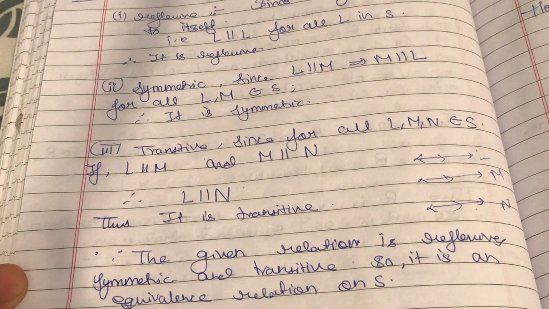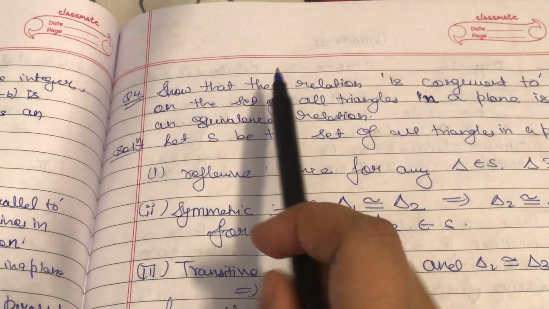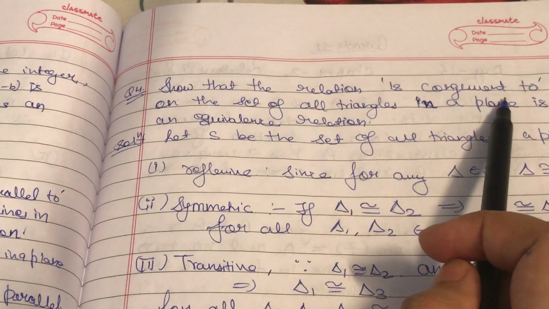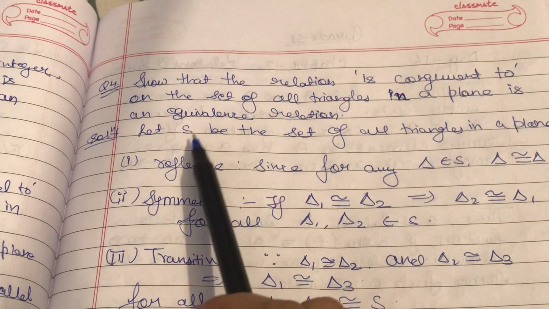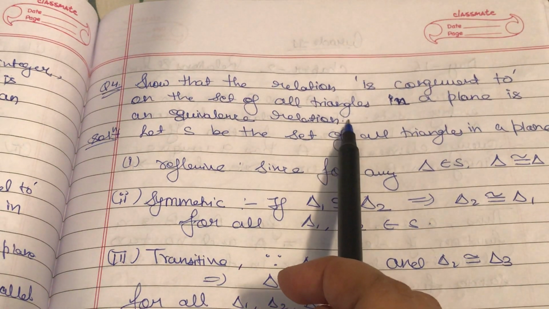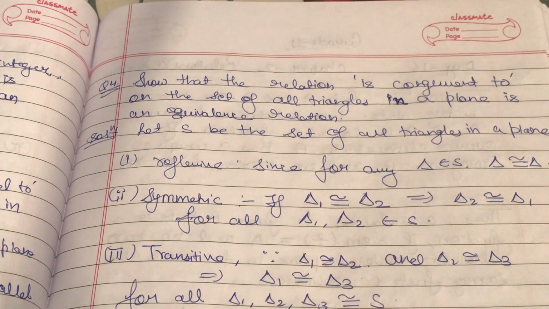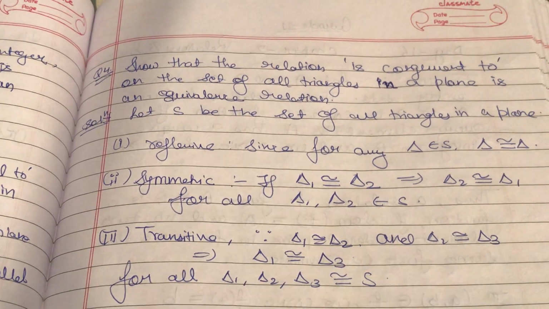And the last question of this video: show that the relation 'is congruent to' on the set of all triangles in a plane is an equivalence relation. Now I want each and every one of you to solve this question along with me, and I hope that most of you can solve it. So take out your pen and start solving along with me.